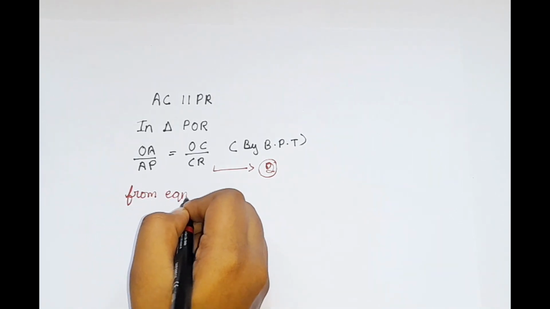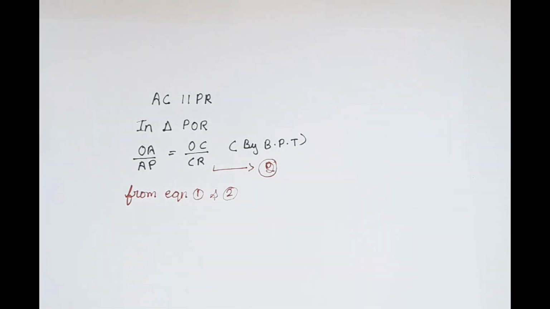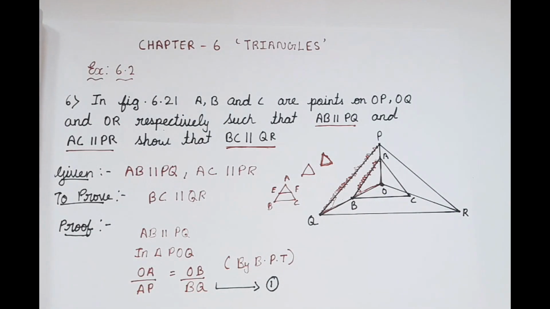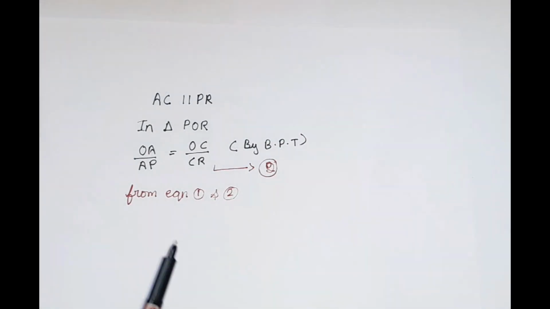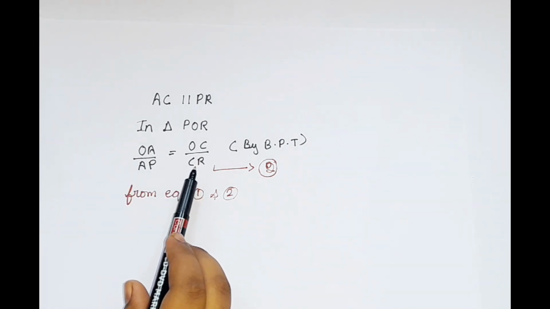From equation number 1 and 2. Okay, so what is there in equation number 1? So when we compare equation number 1, here OA by AP is equal to OB by BQ. Now let us see equation number 2. In equation number 2, it is OA by AP is equal to OC by CR.